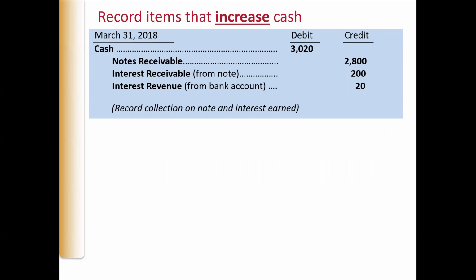So items that increase the company's cash balance, we debit our cash. We'll credit notes receivable because there must have been a note outstanding we finally received. We credit our interest receivable, and we credit our interest revenue.